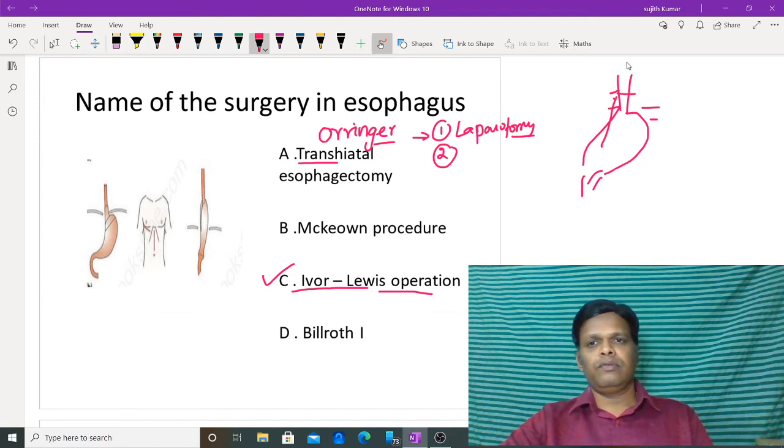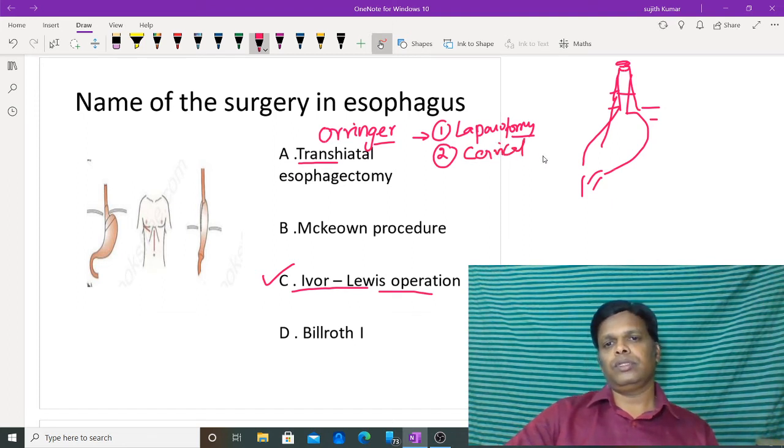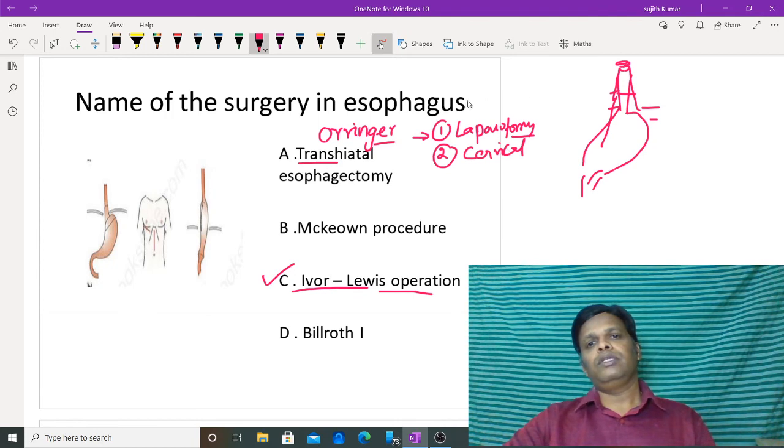The cut end of the esophagus will be at the level of the upper one third. You take the stomach and anastomose it through a separate cervical incision, in the neck. The Orringer transhiatal esophagectomy is the most common esophageal surgery.